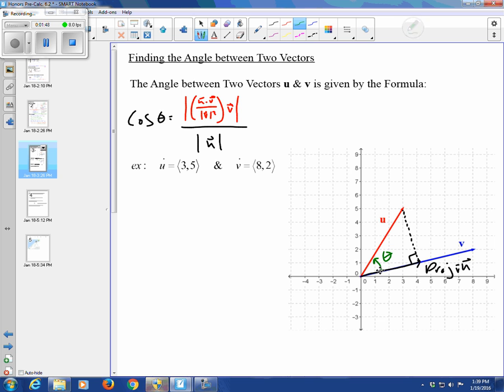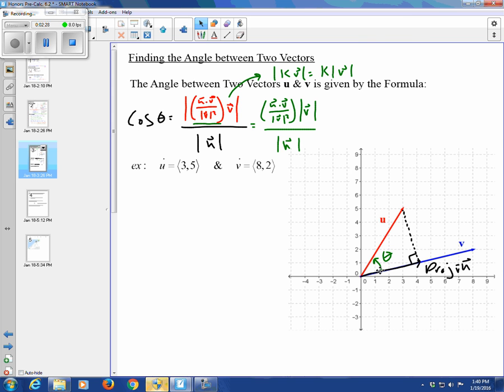Now we know that the magnitude of a scaled vector is equal to the magnitude of the vector times the scalar. So we can evaluate the magnitude of the projection of u onto v as the scalar u dot v over the magnitude of v squared times the magnitude of v, and that's over the magnitude of u.